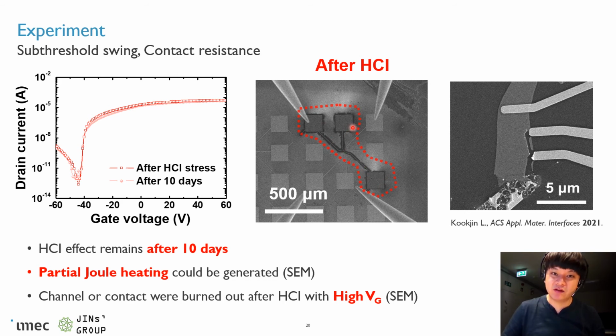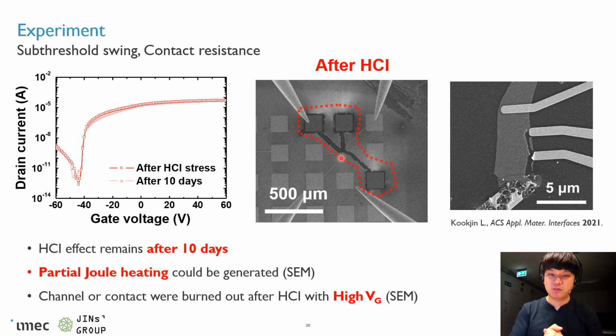It's very interesting, right? So I think some partial Joule heating effect could be generated, especially after the measuring, after the hot carrier injection. So finally, we can expect the partial Joule heating could be a main factor of this experiment.